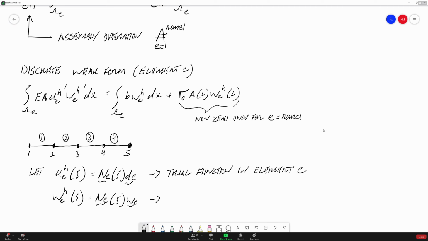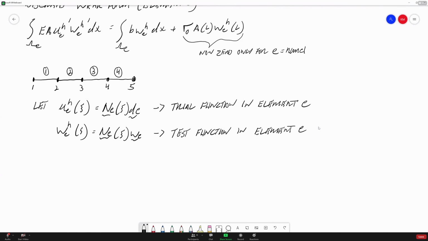And this is our test function in element E. And this is arbitrary. It's a test function. We set it to be whatever we want to get the solution.